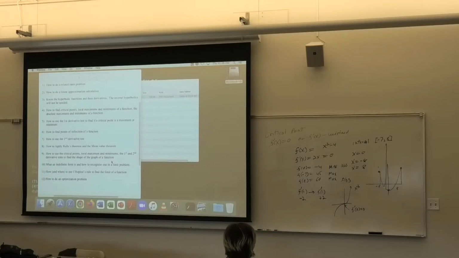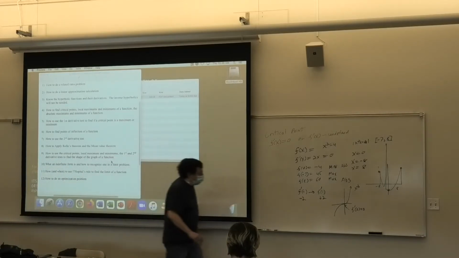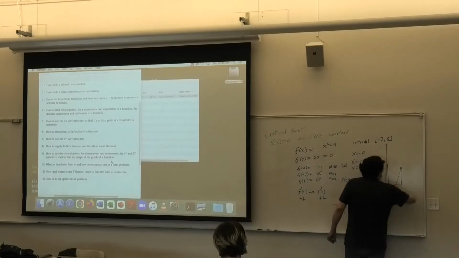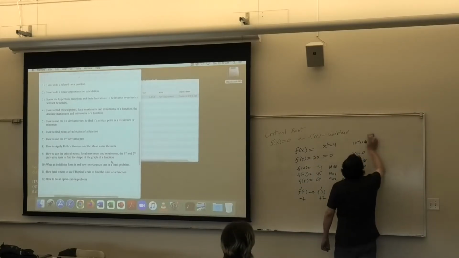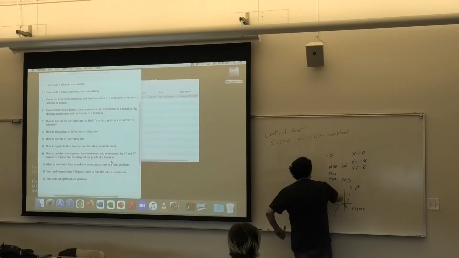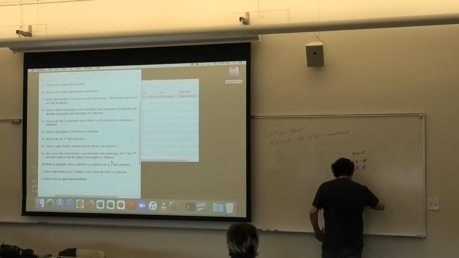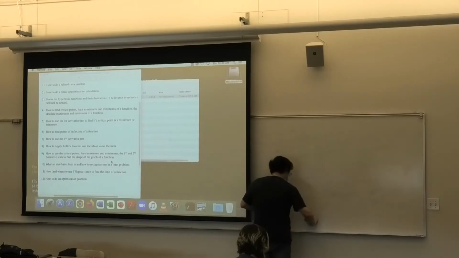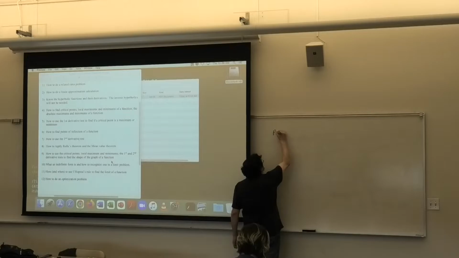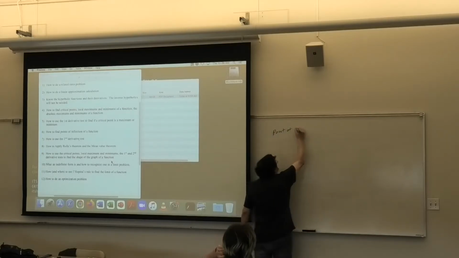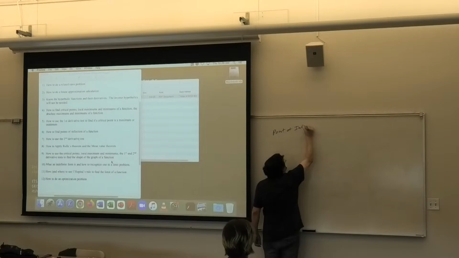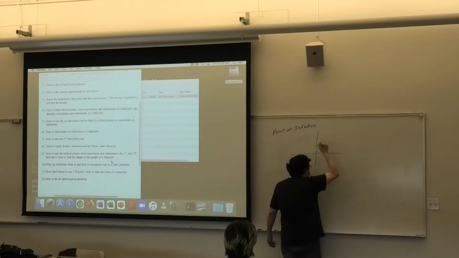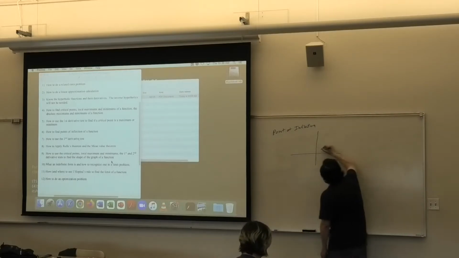How to find points of inflection of a function? Okay, someone asked this earlier. So the way you find points of inflection, well, first, what is a point of inflection? Well, you want a kind of a graphical idea in your mind.